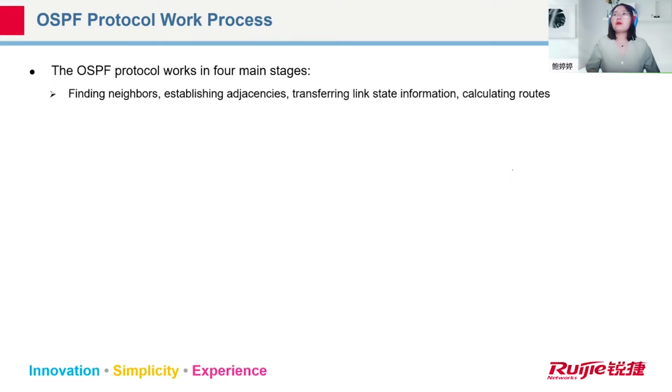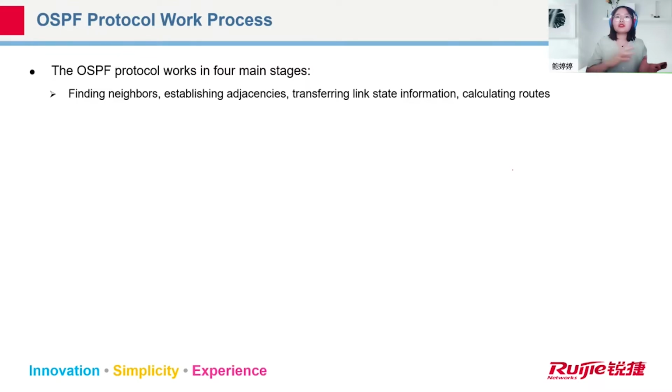The neighbor relationship will only exchange hello packets. Of course, in these hello packets, we will negotiate some parameters like the area and the hello time. After negotiating successfully, we will only establish the adjacency with the DR and BDR. Only with the adjacency relationship will we send out the routing information. We call it link state. Okay, so this is adjacency.